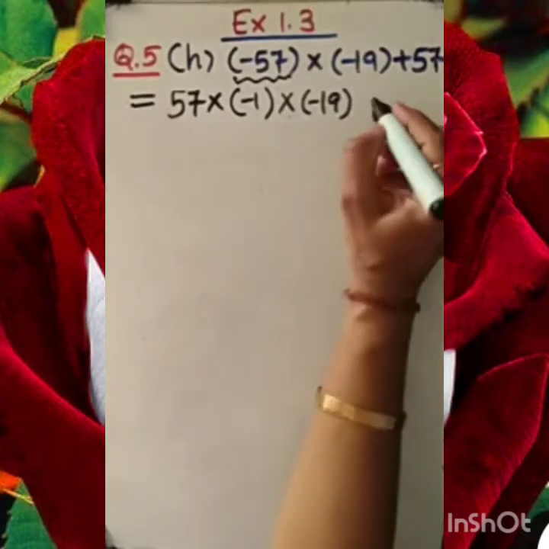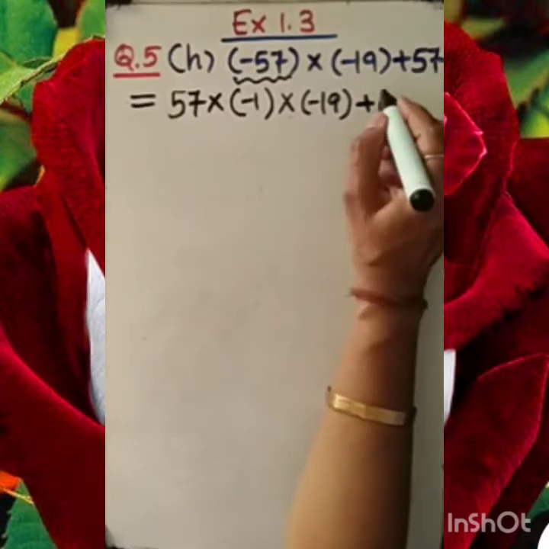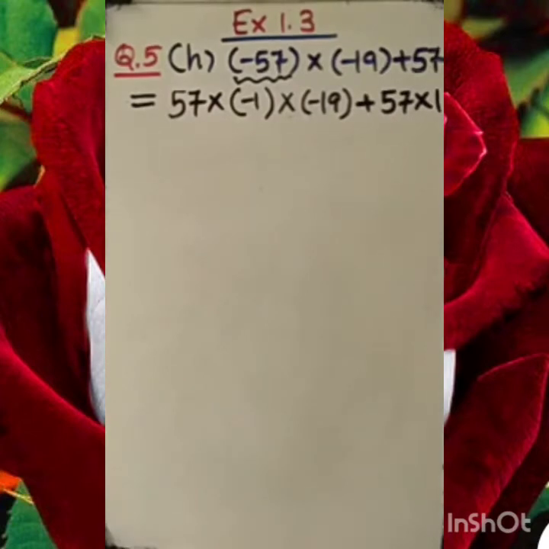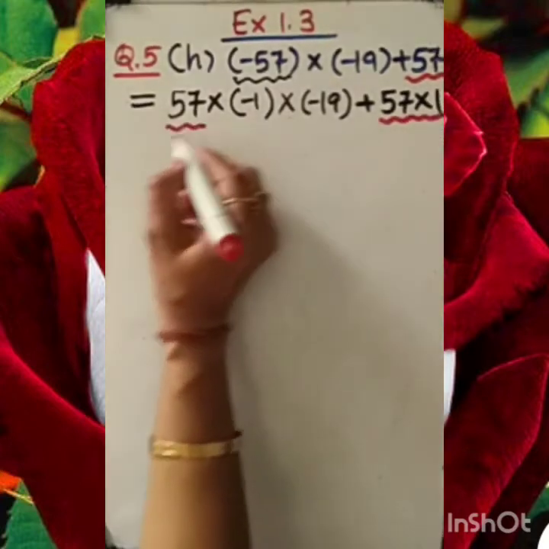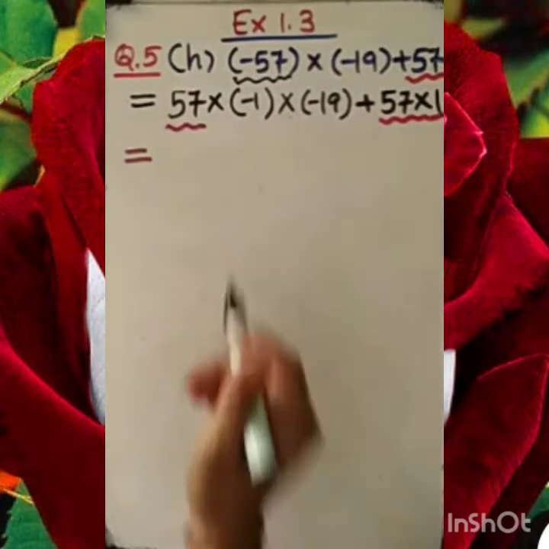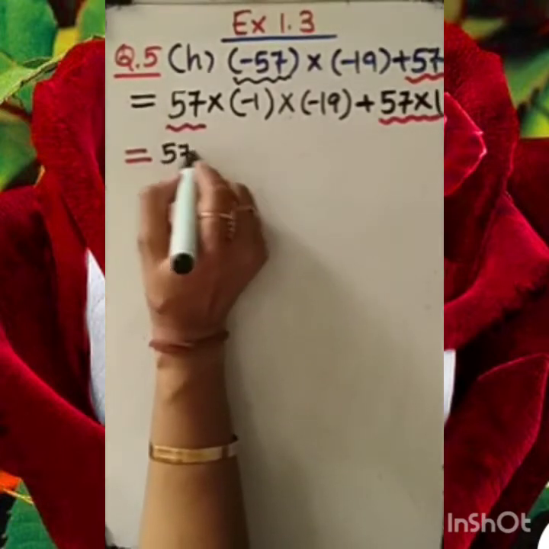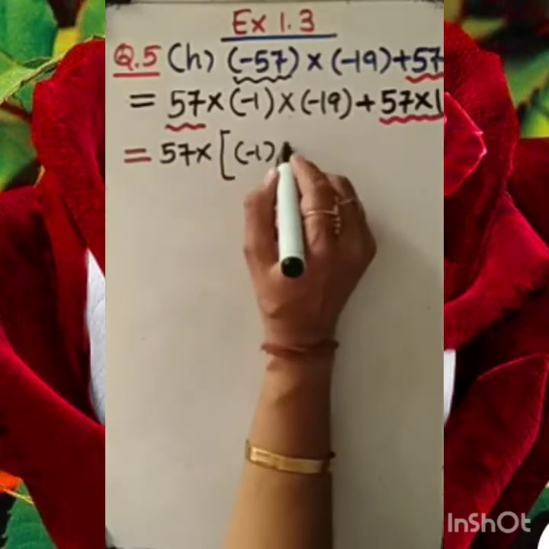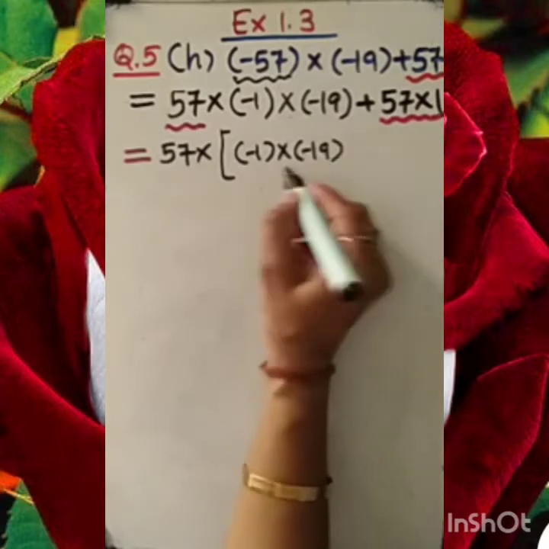Fine. What about this? Can I write 57 as 57 into 1? I think no issue if you write 57 as 57 into 1. Fine. So in such a case, I need to take out 57 common. If I take out 57 common, then what do I have? Minus 1 into minus 19.